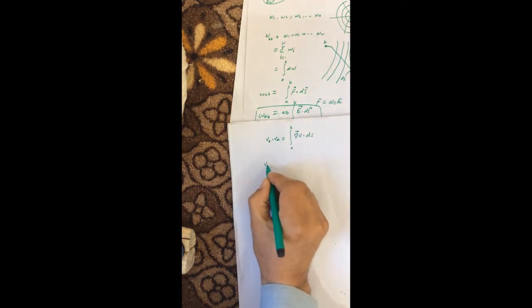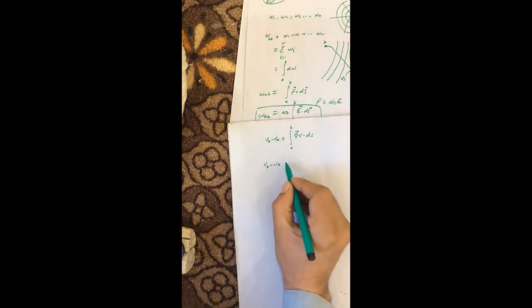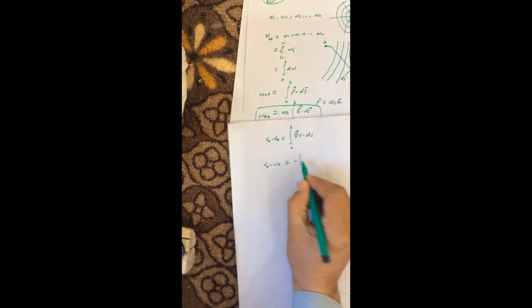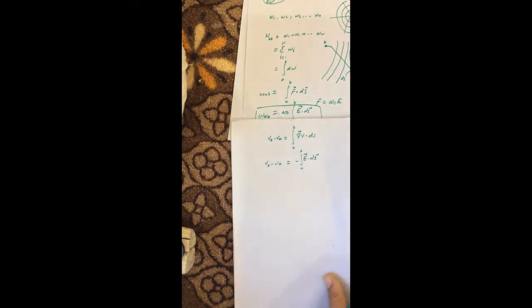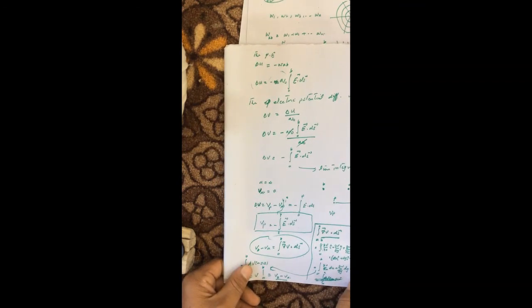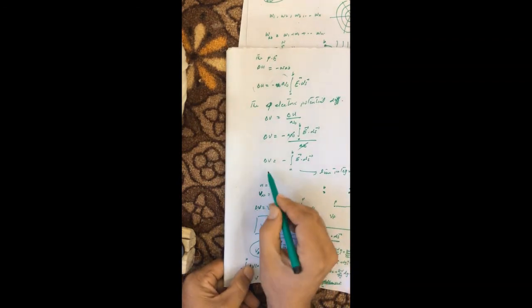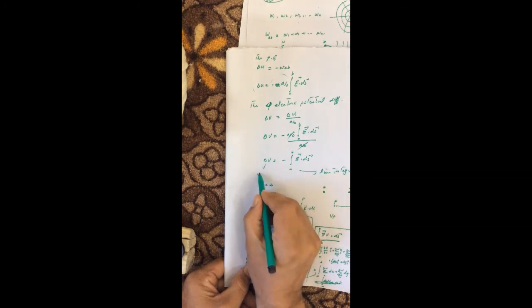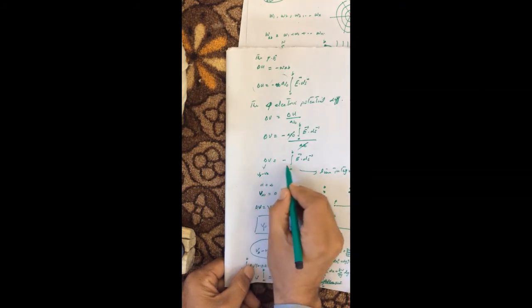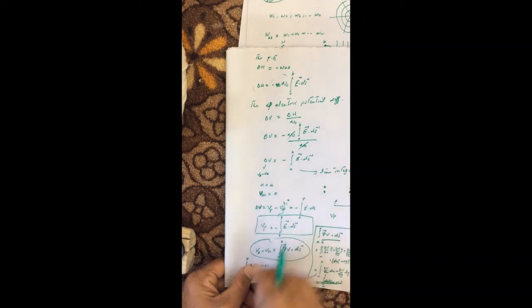Also we know that Vb minus Va is equal to minus integral from A to B E dot ds. Delta V is basically Vb minus Va, which is equal to minus integral from A to B E dot ds.